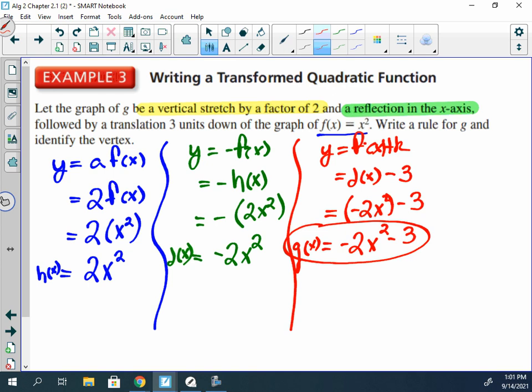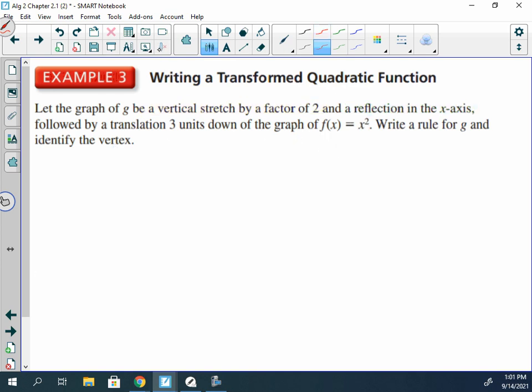So I'm going to erase this for a second, and I'll put it back up. Because really what the book will show is they're going to take this here. They say a is our vertical stretch or shrink and the reflection in the x-axis. Since it's a factor of 2, we would say 2 for a, and it'd be negative because it's a reflection in the x-axis.